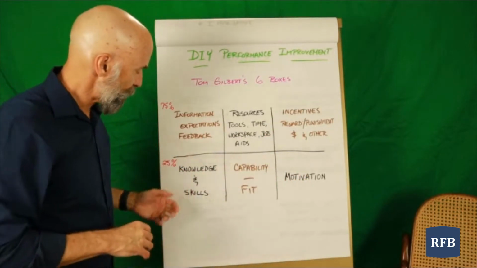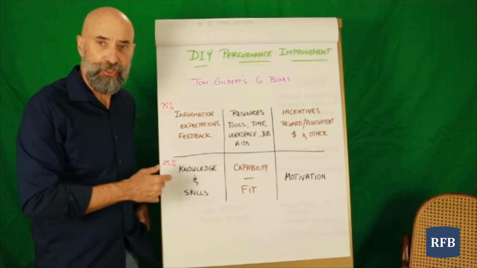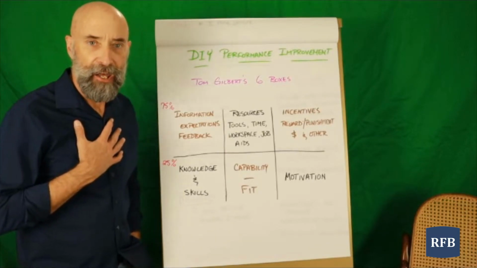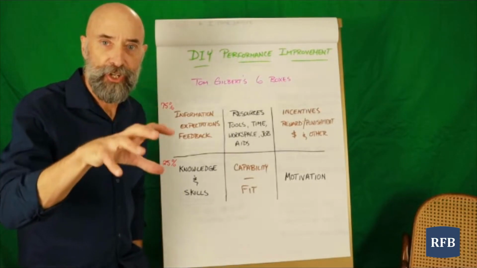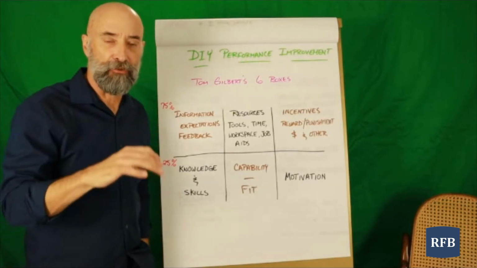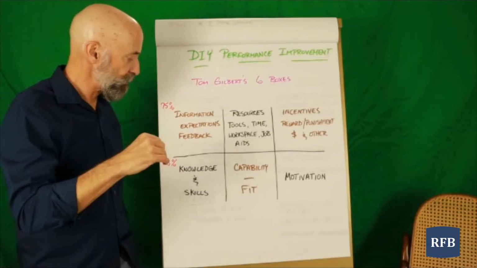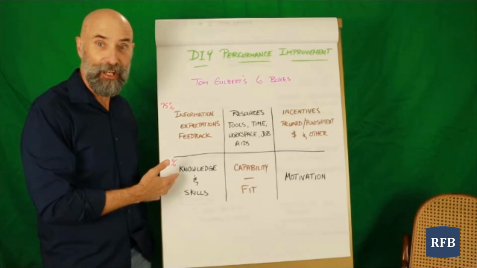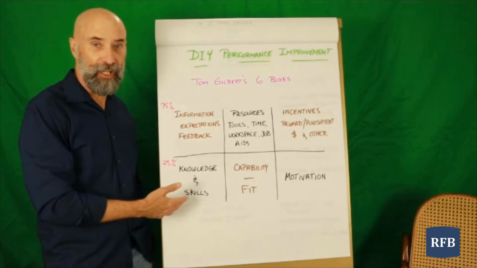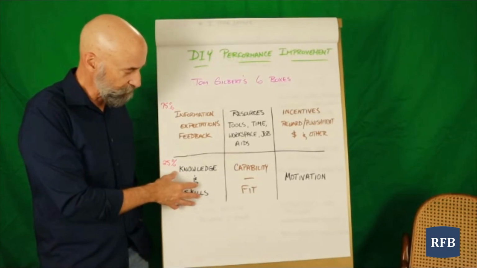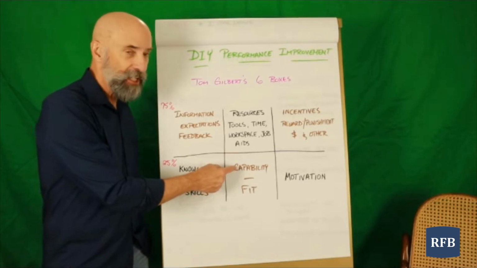Box number 4, we'll just start from over here, is knowledge and skills. For the particular job at hand, for the particular role that I'm occupying, do I have the knowledge that I need? Do I have the skill set that I need in order to be effective at that? What is my capability and fit?